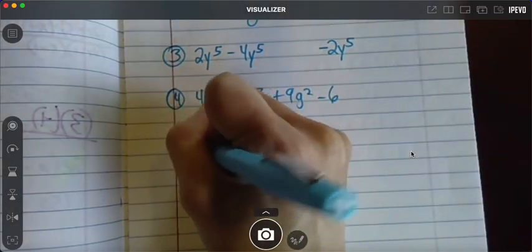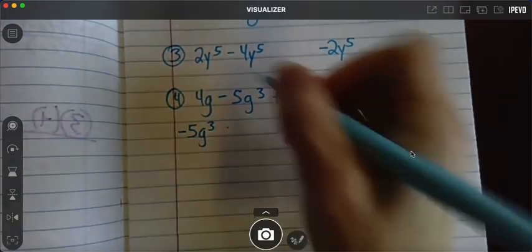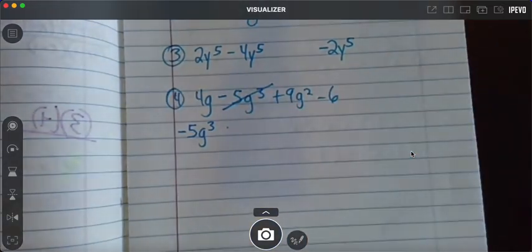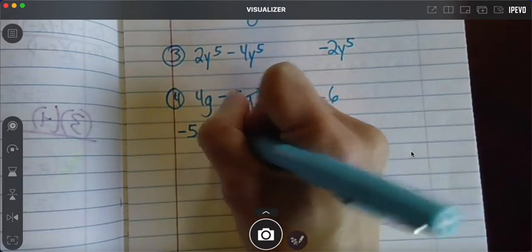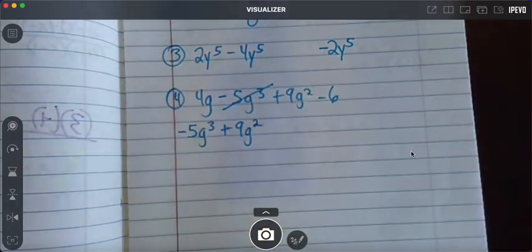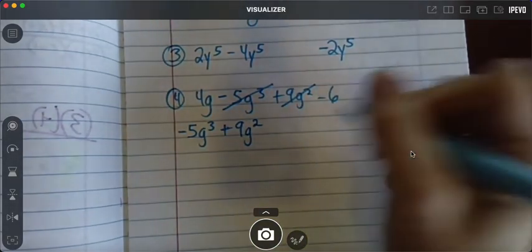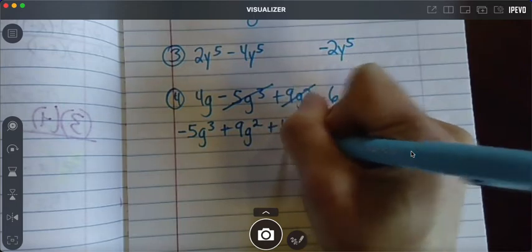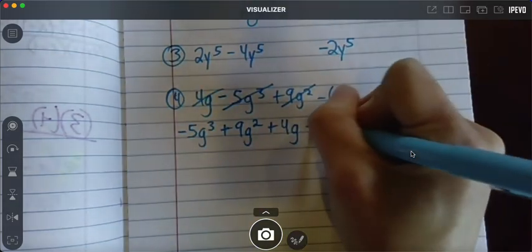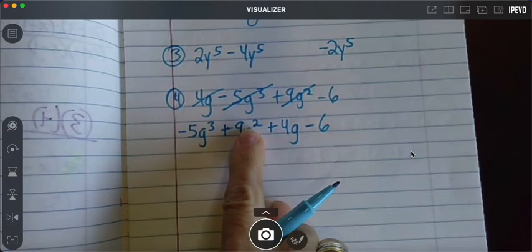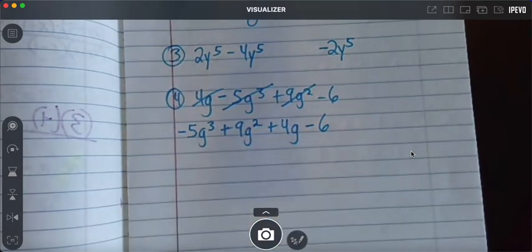It was a negative 5g to the 3rd. All right, I'll mark that one off. What's my next highest exponent? 9g squared. Yeah, the 9g squared, and it's positive, so I'm going to write that. And then I've got a positive 4g, and then that one has a degree of 0. So see, it's 3, 2, 1, 0 variables. So that's the order, and I honestly think there's only one answer choice with that.